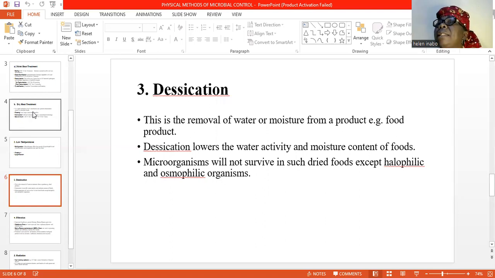Desiccation ensures that the water activity is low, and so microorganisms will not be able to carry out their metabolic activities. The moisture content of food is reduced. Microorganisms will not survive in such dried foods, except the halophilic, that is the salt-loving, and osmophilic, sugar-loving organisms.